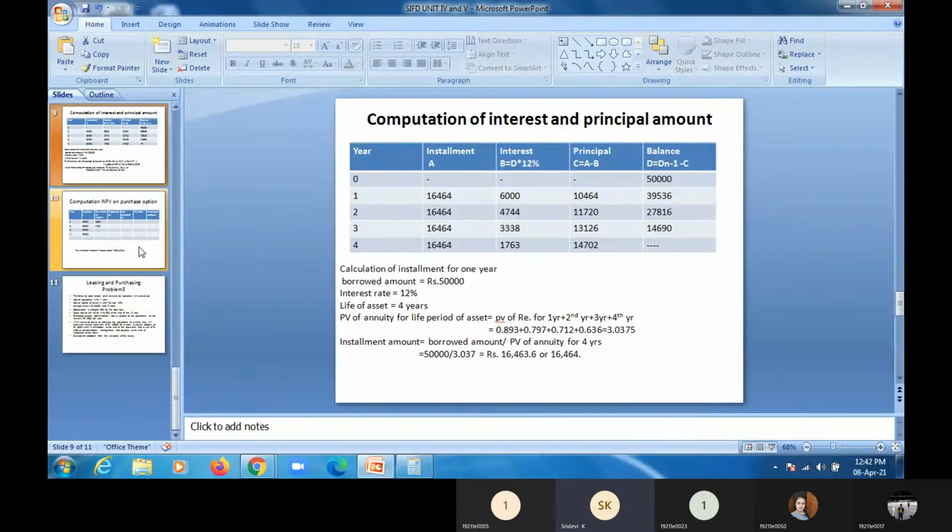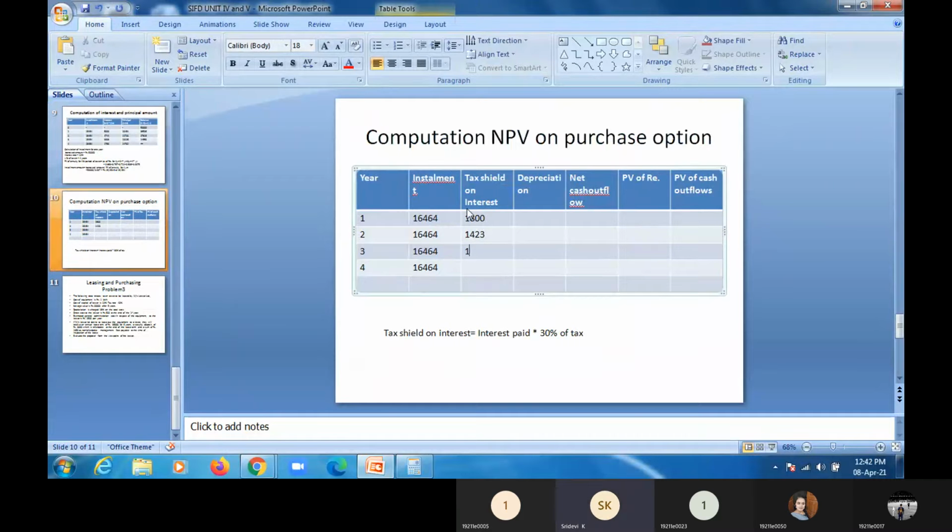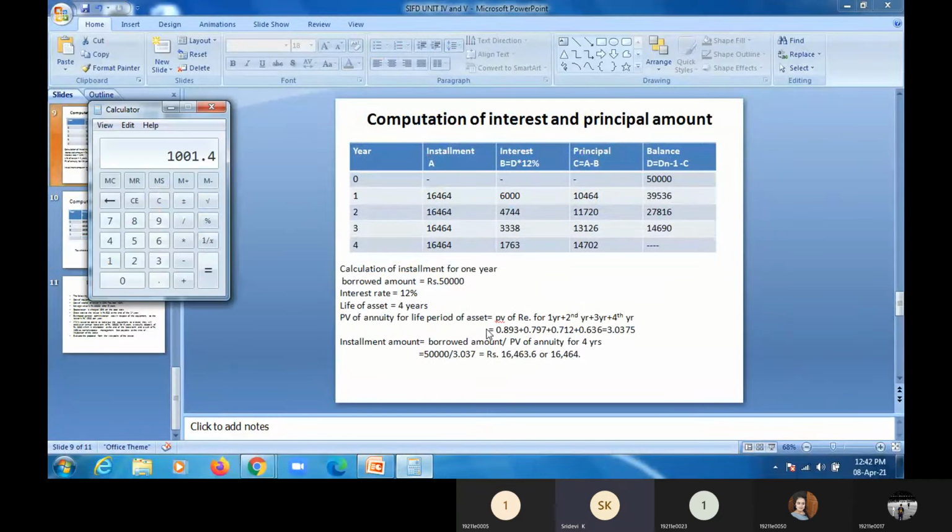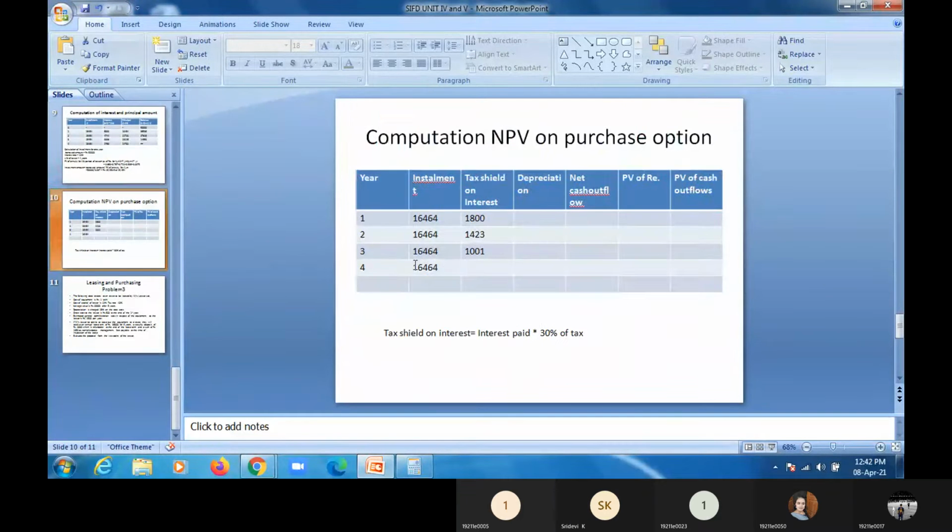So that you show in the third year column. And coming to the fourth year, interest is 1,763. On this tax exemption is 528.9. Let us round it up and take it as 529.